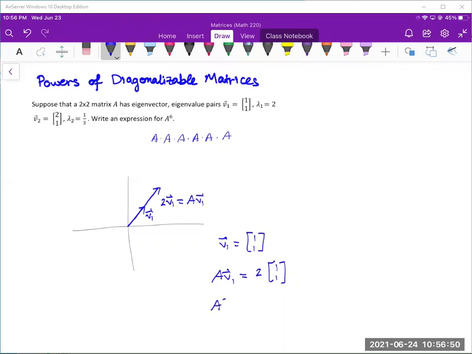If we calculate A squared V1, this is A times A V1. So again, we are going to double the length of our vector. So this is going to look like 2 squared times 1. So this will be 4 times the original length.